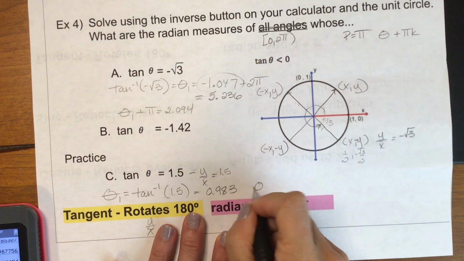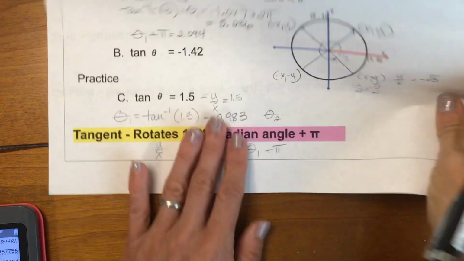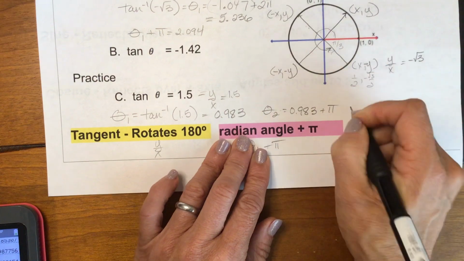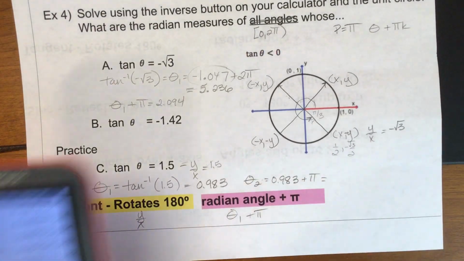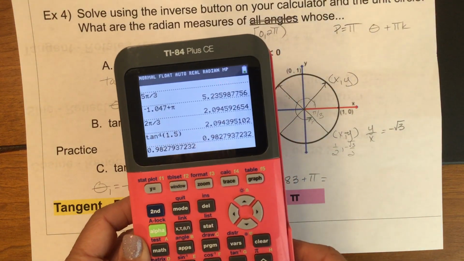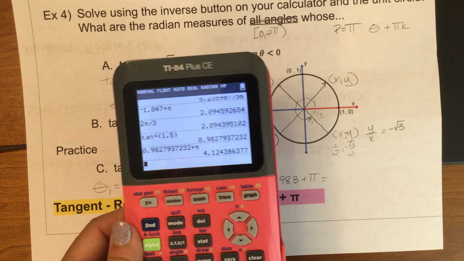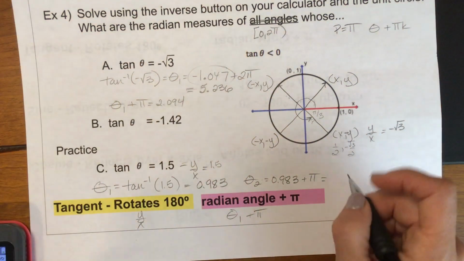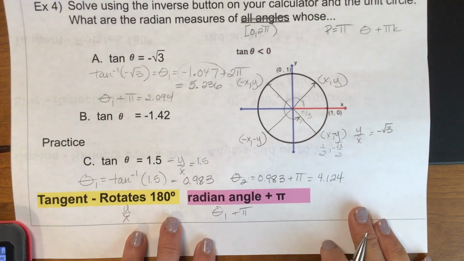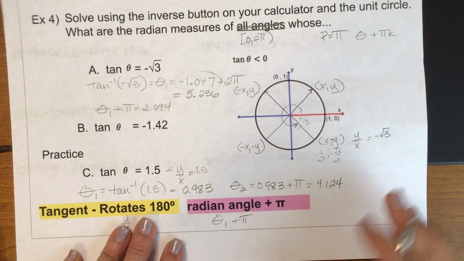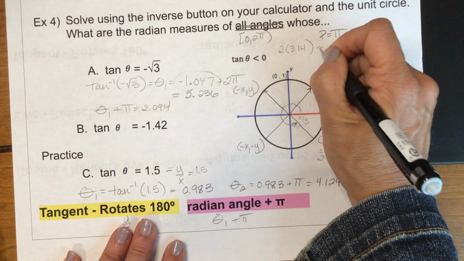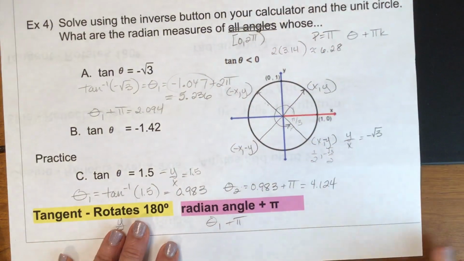And now to get theta 2 for that one, I am going to take that 0.983 and add pi to it. So when I do that, I'm going to go up here, click my answer, add pi to it. I get 4.124. And that is also within 0 to 2 pi, knowing that 2 pi, 2 times 3.14, is approximately 6.28.